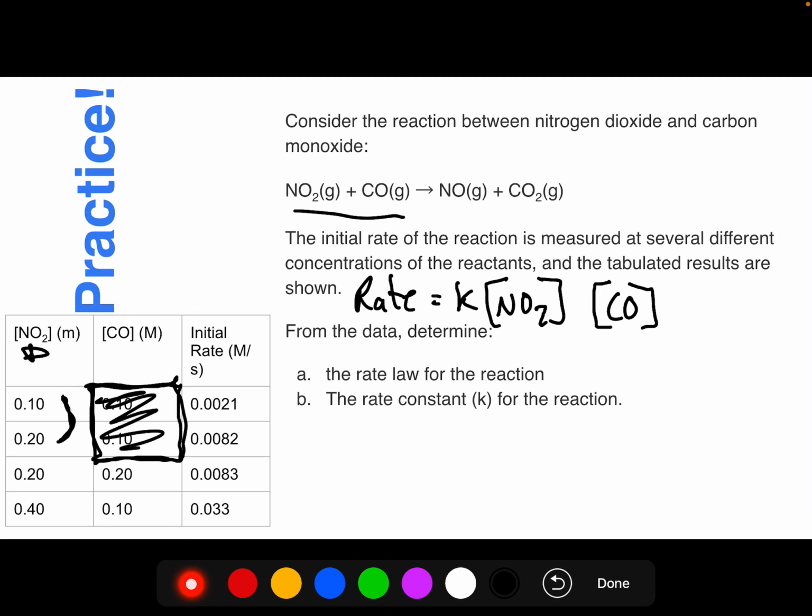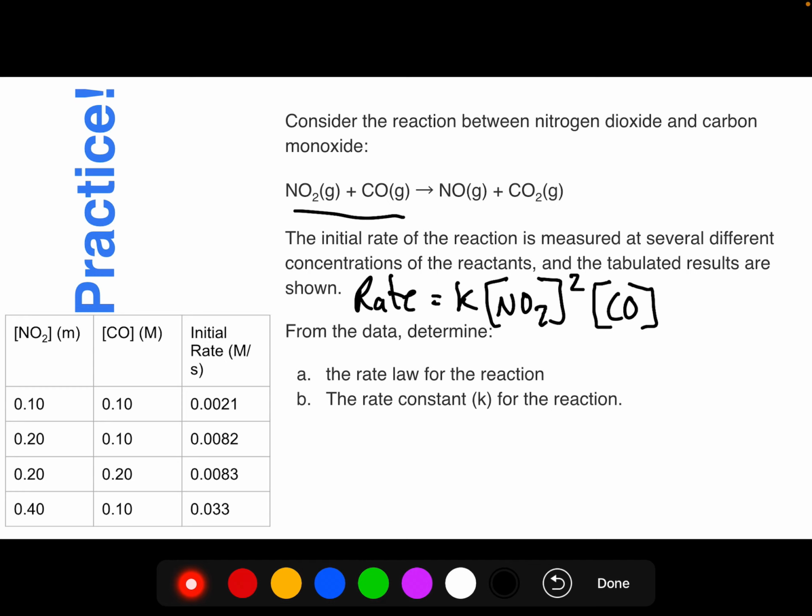So when we doubled the concentration of nitrogen dioxide, notice the rate quadrupled. Multiply by 4. Now, this is more realistic data because it's not perfect. 0.0084 would have been perfect, but it's not. So we're looking at second order with respect to nitrogen dioxide. So 2 there.